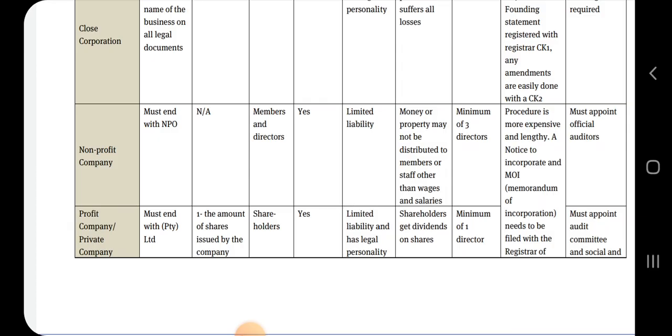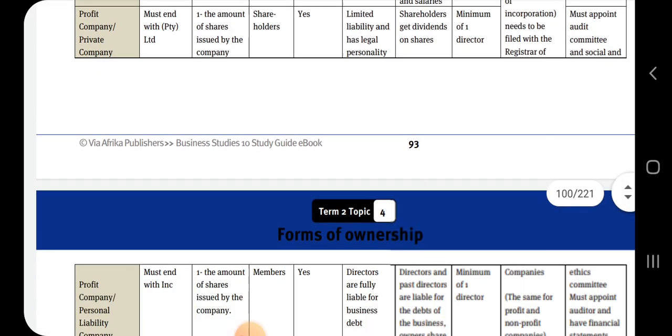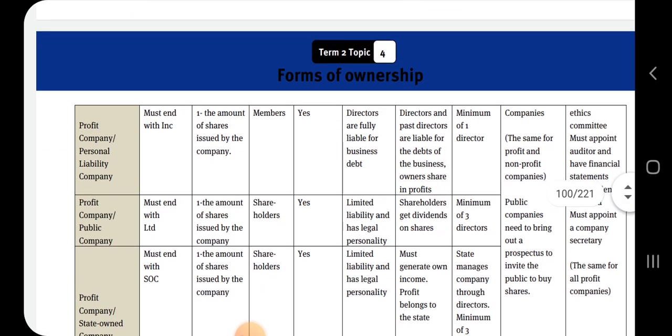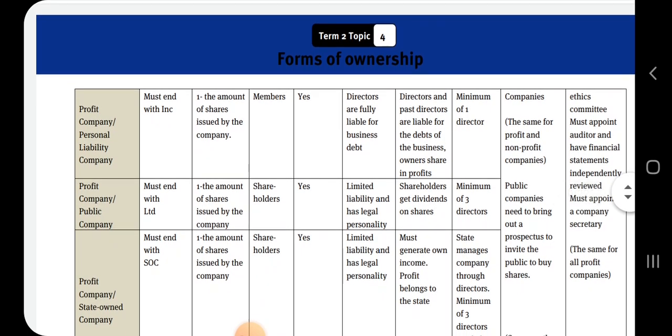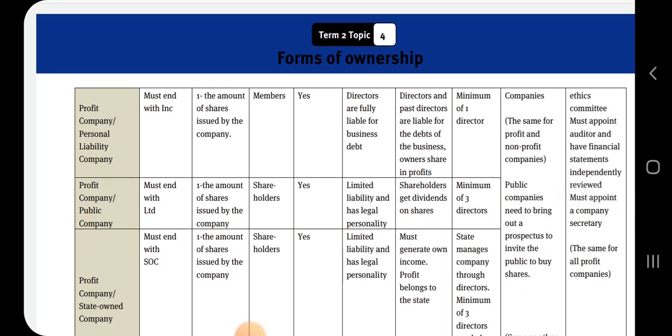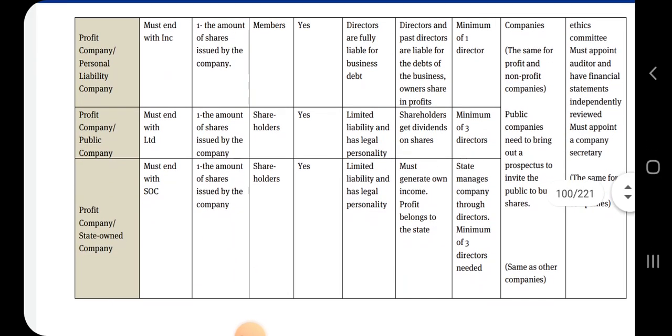And private companies must appoint an audit committee, and a social and ethics committee, must appoint an auditor and have financial statements independently reviewed, and must appoint a company secretary. The same applies for all profit companies.